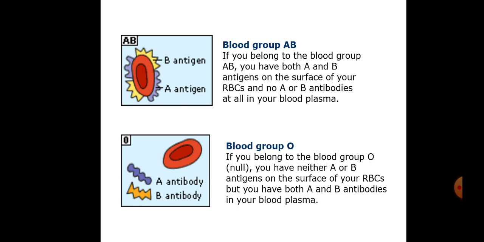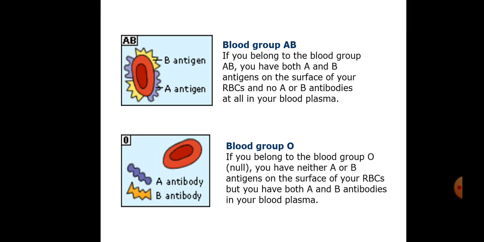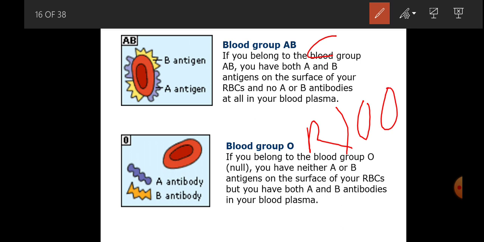And finally, for blood group O, which is recessive, they have antibodies but no antigens. That is the difference. Remember that blood group O is recessive. This is recessive. This is codominant, 50-50. Recessive, you must pair both O and O.